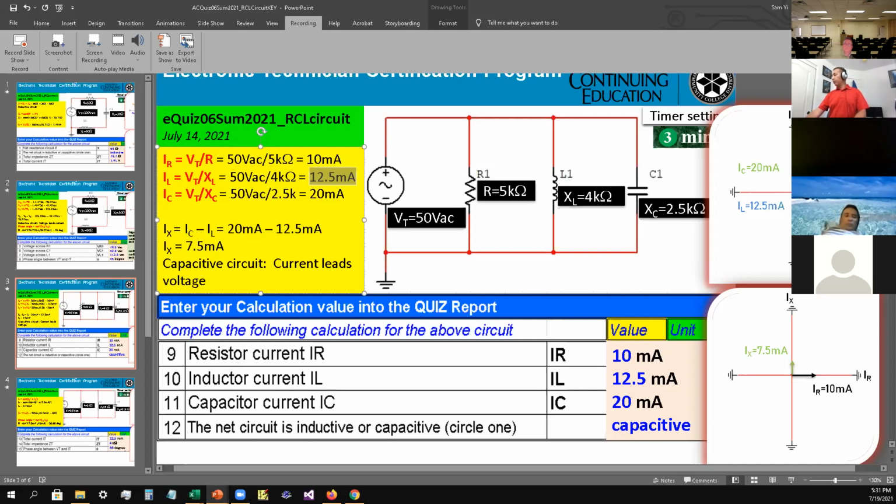We can combine IC and IL because they're on the y-axis. This one goes up, then down by 12.5, leaving about 7.5 milliamps. Then we compare these two together to get the phase angle. Any questions on question number 9 to 12?